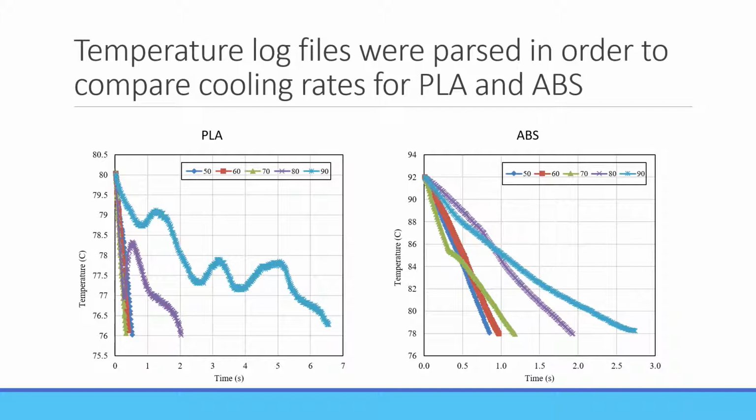This left very little range to compare. However, for ABS, we got a much better result, and it's clear that as the bed temperature gets hotter, the cooling rate decreases and the cooling time increases, allowing for better adhesion to the build plate.